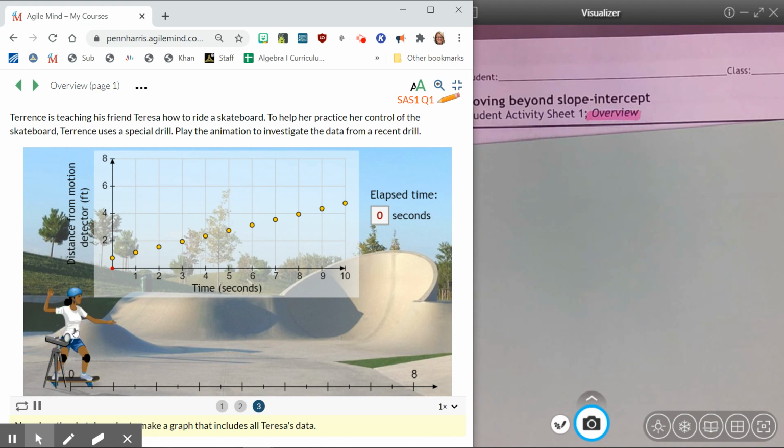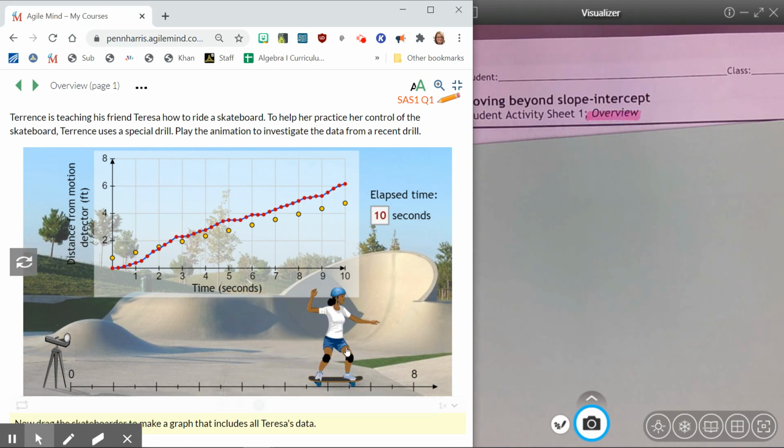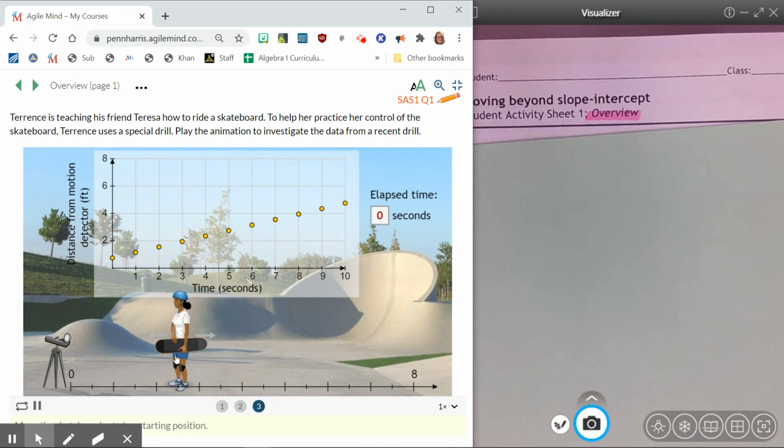But if I do the graph here, aside from my total inability to follow the rise and the run, what do we notice? The first thing I notice is I didn't start in the right spot. I thought we were starting at the beginning. So I started down here at 0, but they show me starting up here.